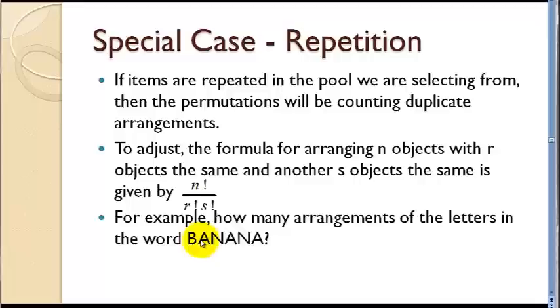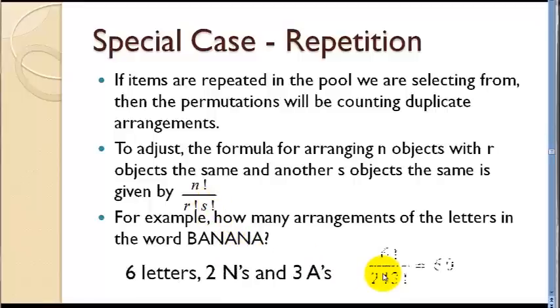So if we want to figure out how many arrangements for banana, we've got 1, 2, 3, 4, 5, 6 letters total, so that's our n. We've got an A that's repeated 3 times, so that would be 3 factorial, and we have 2 N's. So again, you can see here that we would do this calculation, and there would be 60 different arrangements.